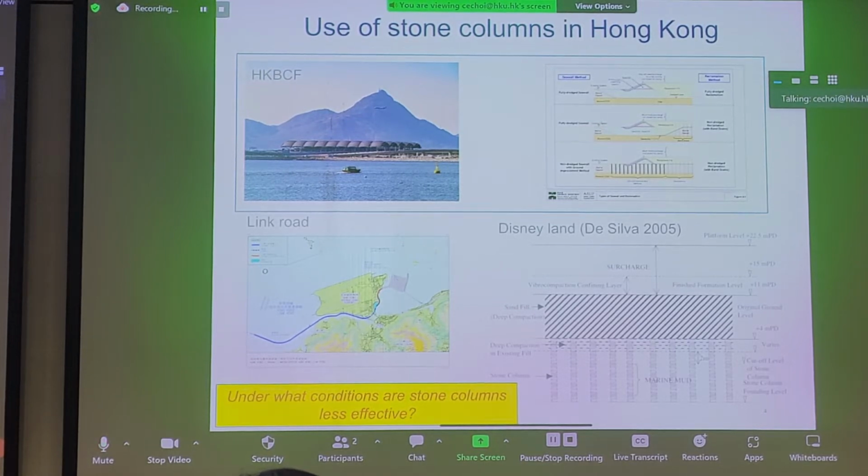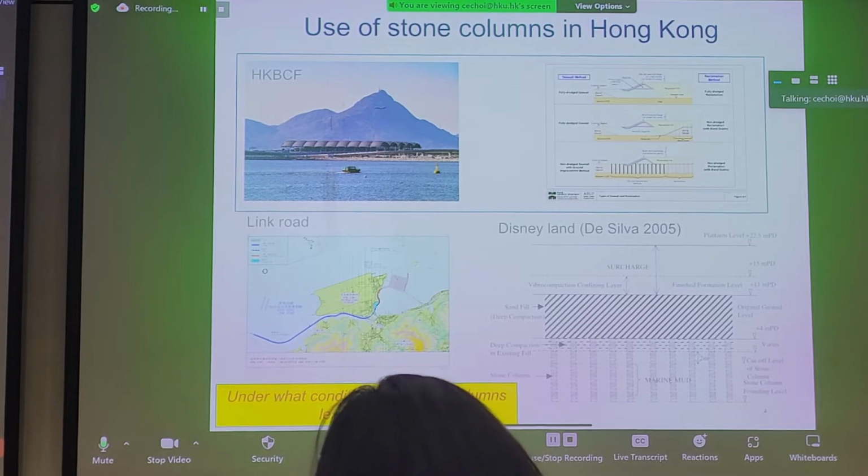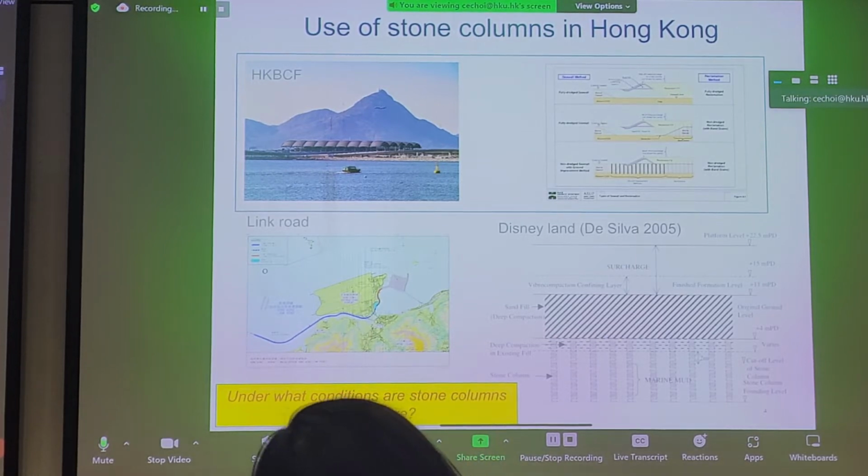Now, since this topic is on deep replacement, we will talk about stone columns. The word stone is, of course, not something we're used to as geotechnical engineers, because we often like to use very well-defined soil classification systems, such as the British Standard or USCS.